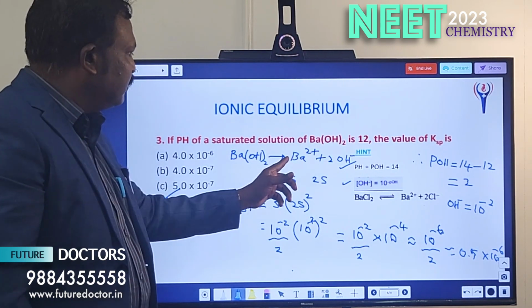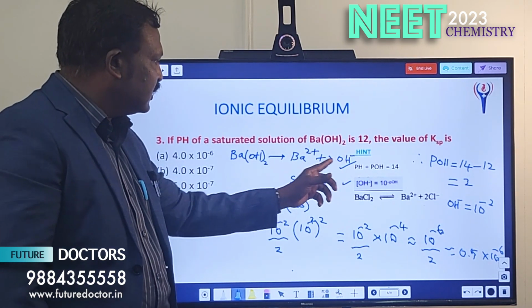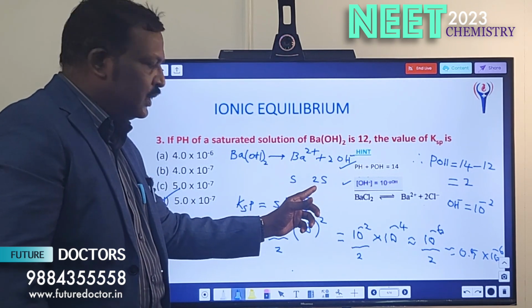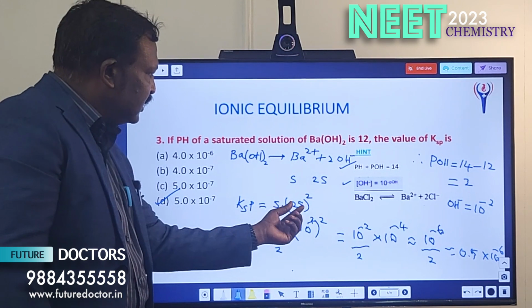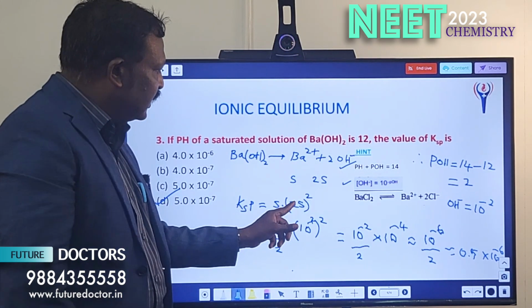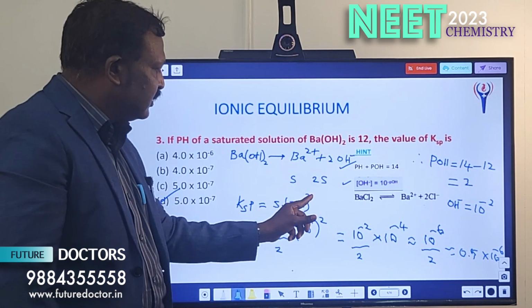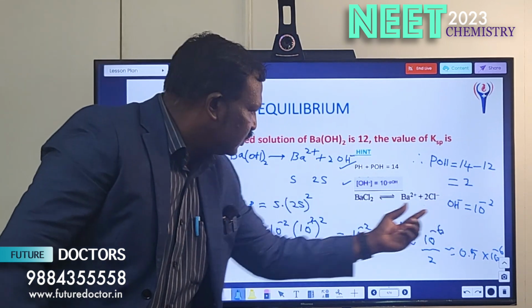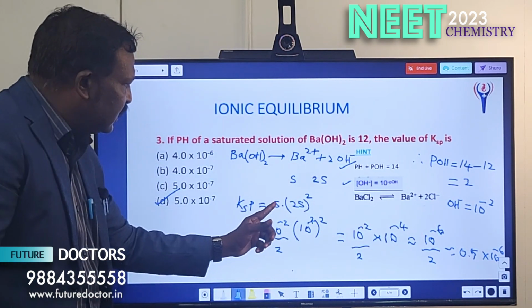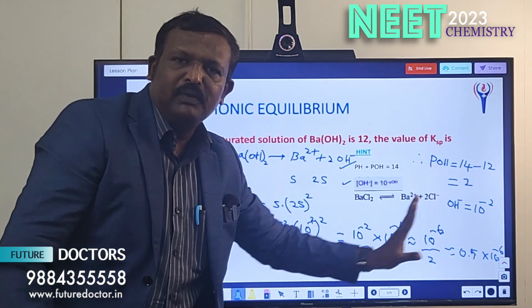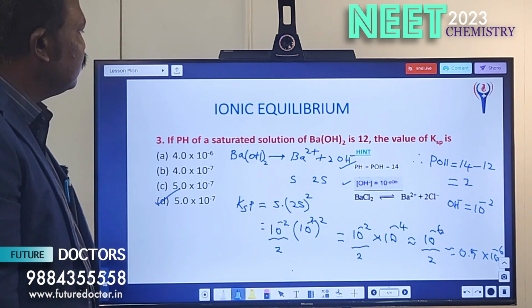Barium hydroxide gives barium 2 plus ion and OH minus ions: 1 ion means 1 solubility, 2 ions means 2S solubility. Then you write 2S as 2S power 2, and 3S as 3S power 3. Instead of 2S, I put 10 power minus 2, the whole square. Then 1S means 10 power minus 2 by 2. If you simplify, you get the answer. Understood? See the next one.